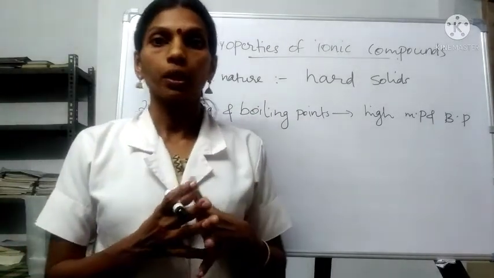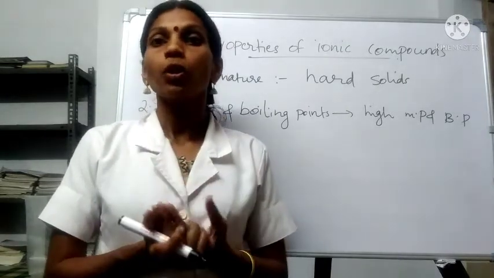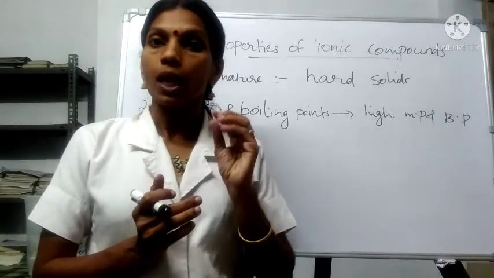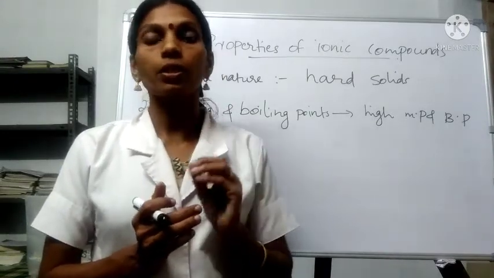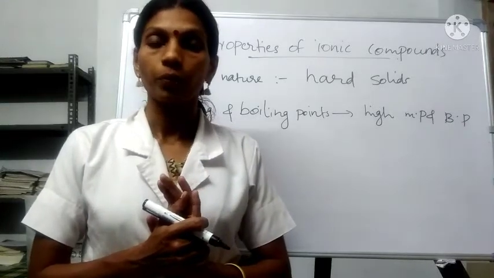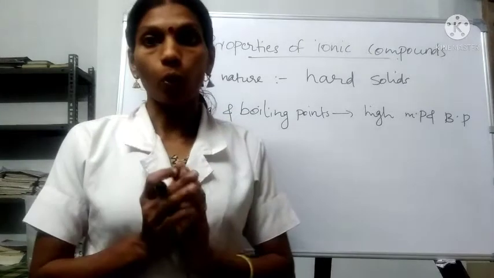Okay. Then the next property we have to study is their melting and boiling point. What do you mean by melting? Melting means a solid substance is changing into liquid by heating, isn't it? That process is known as melting, and the temperature at which this process takes place is known as melting point. Okay. So a solid is changing into liquid at its melting point.